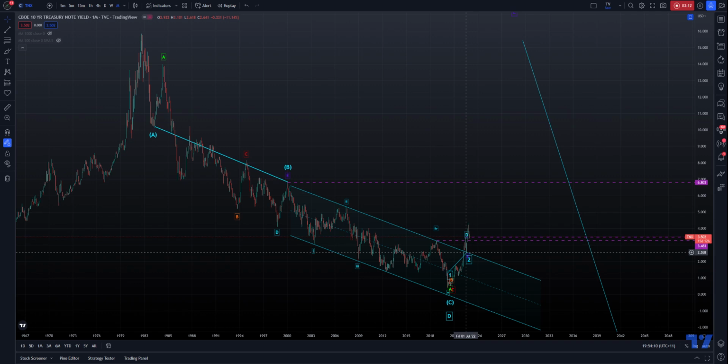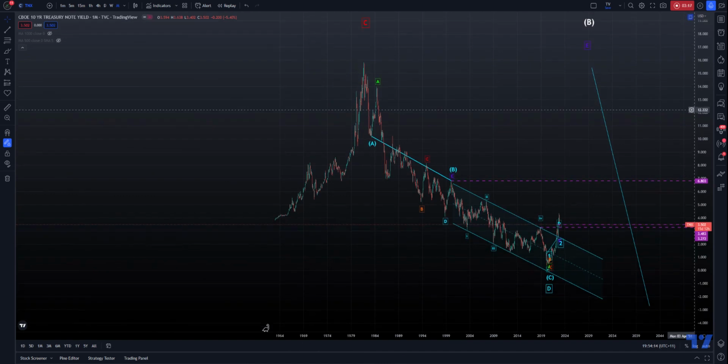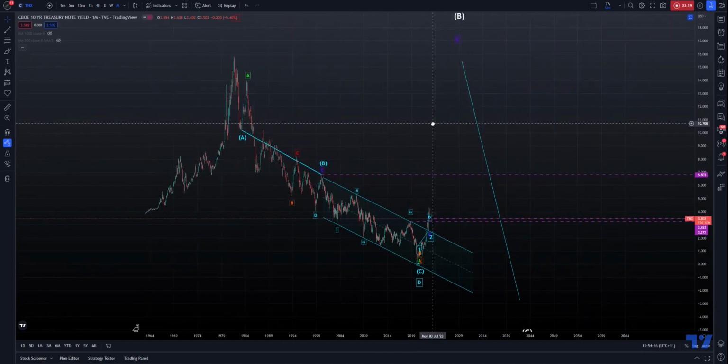Now the thing about this particular pattern is that, being the end of a zigzag, you have to imagine that the length of the zigzag itself has a lot to do with the first A wave that occurred back when it occurred. It was like 1100, probably to 1200 AD or something like that.